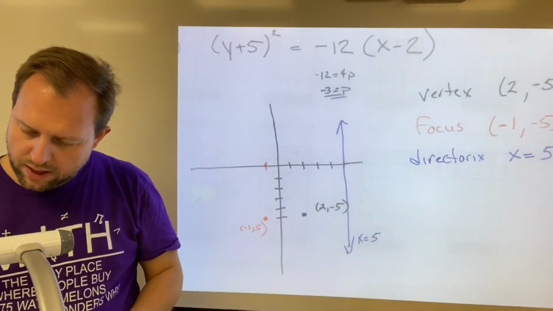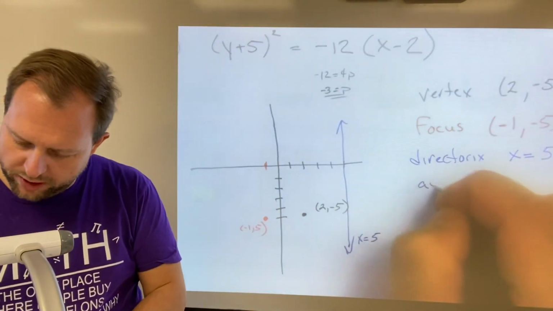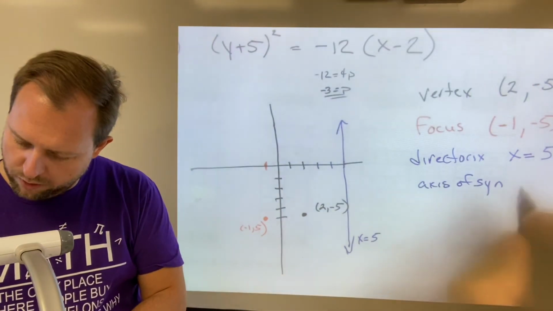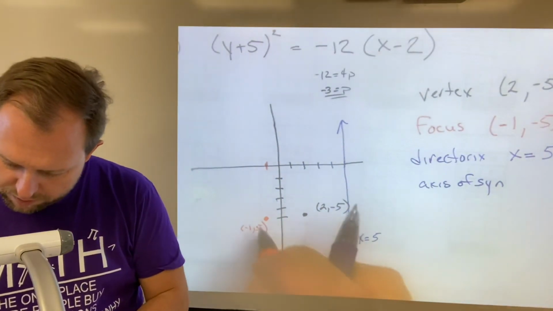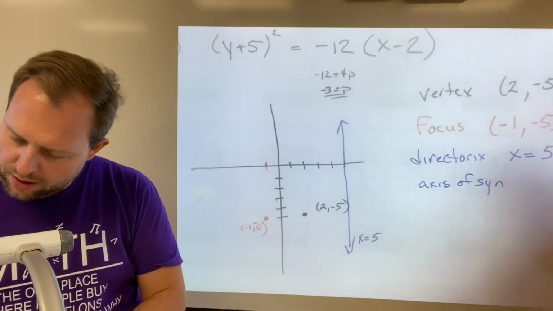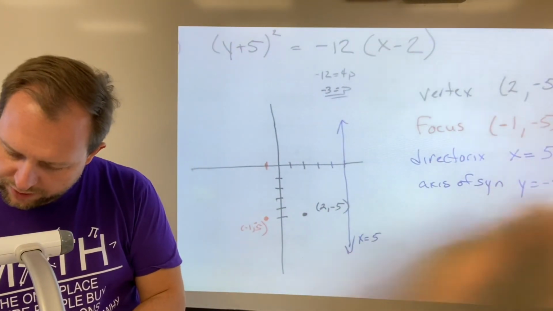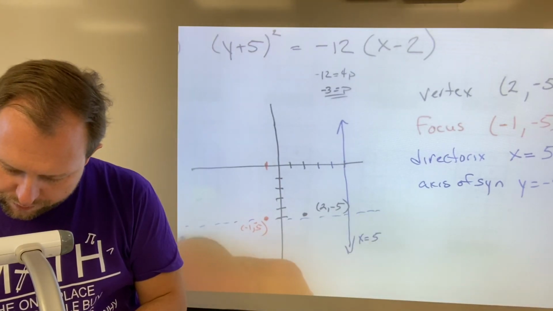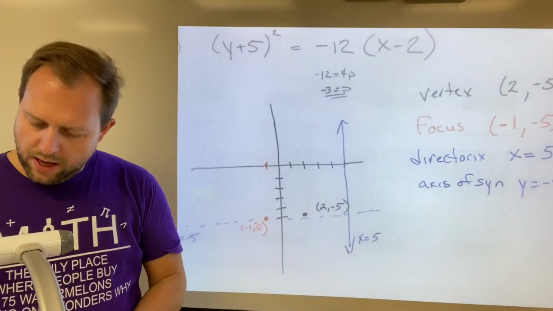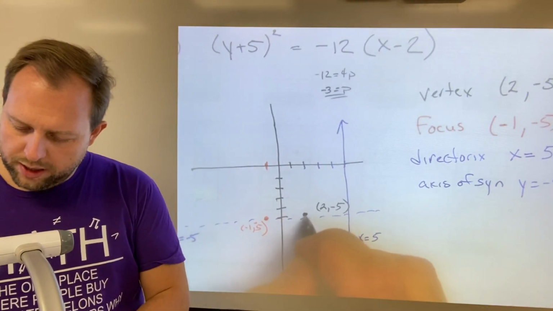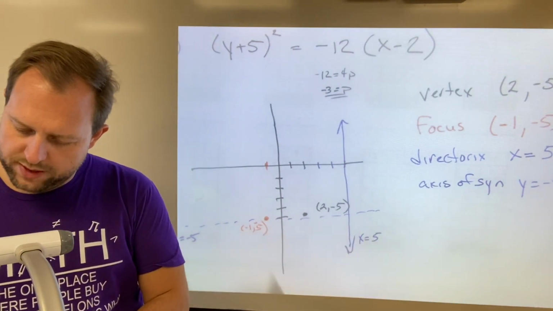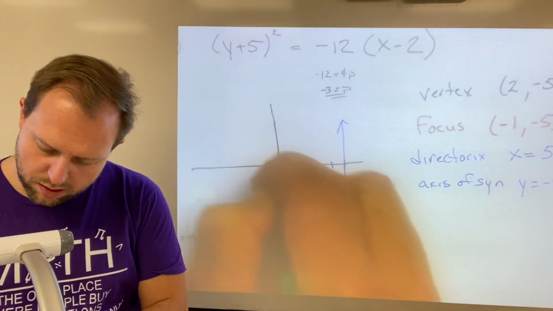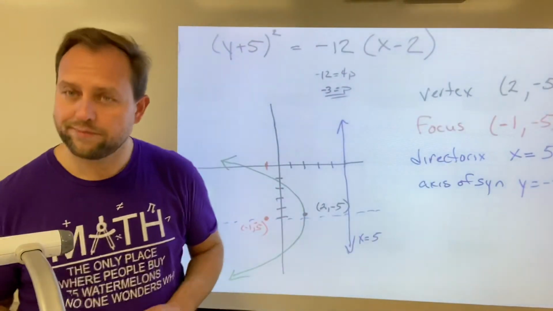And our axis of symmetry is y equals negative 5. Oops, negative side's not going to show up there. Y equals negative 5. Okay? And our parabola opens to the left towards the focus. Like so.